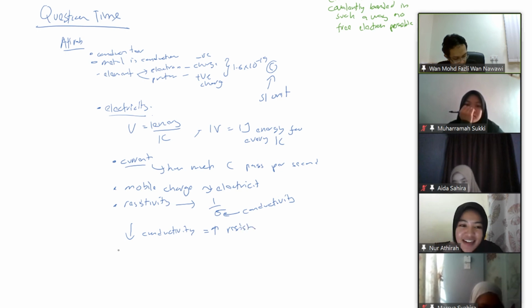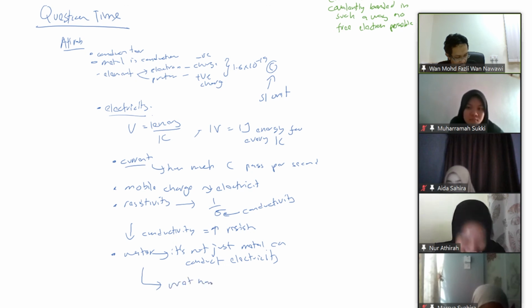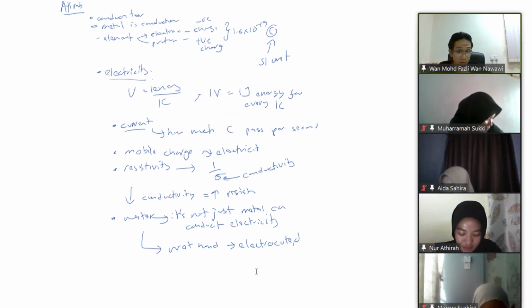We know that it's not just metal that can conduct electricity, because when you touch the switch with a wet hand, you still can get an electric shock. Okay, because the element inside the water will influence the conductivity.